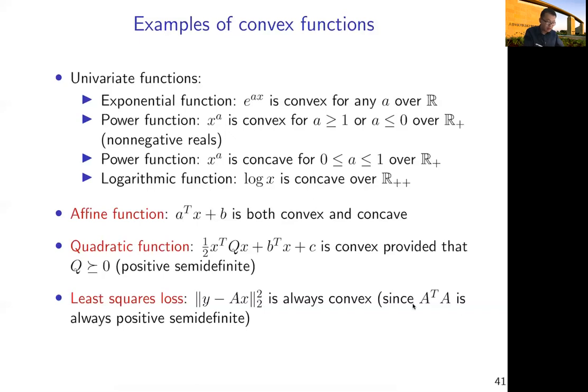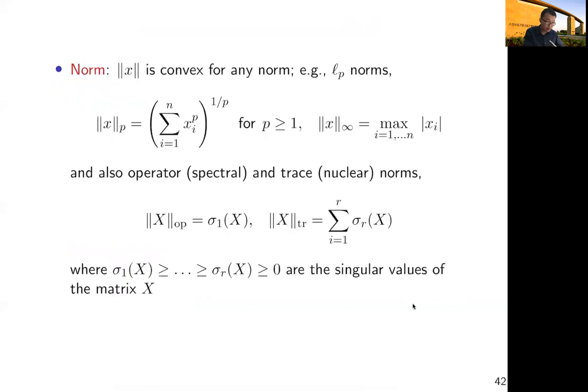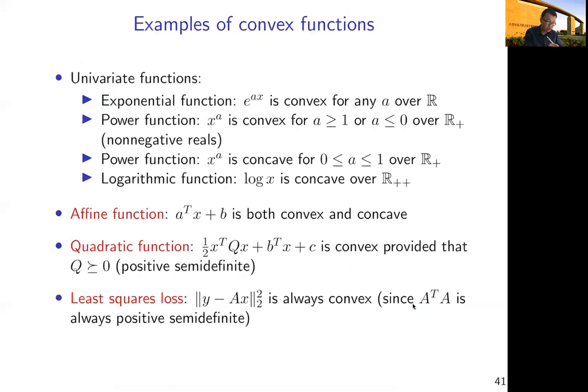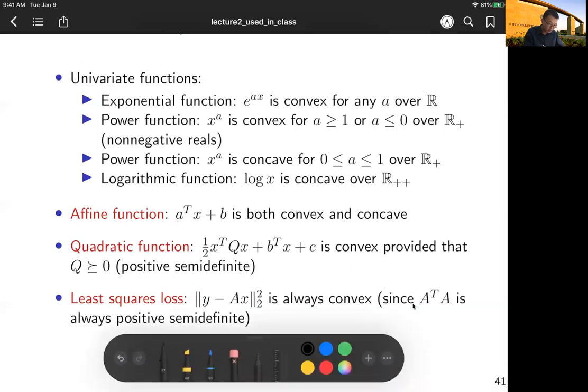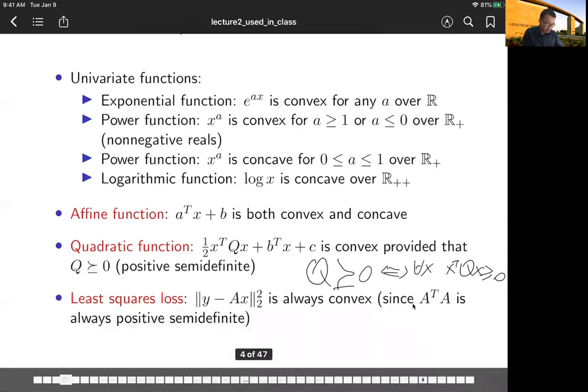So again, the definition of positive semi-definite, using notations like this, is that Q is equivalent to, for any x, x transpose Q x is larger than or equal to 0, right? We'll see how to prove it in the next couple of slides.